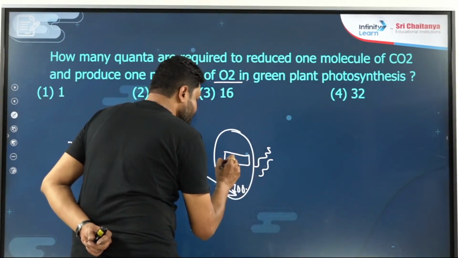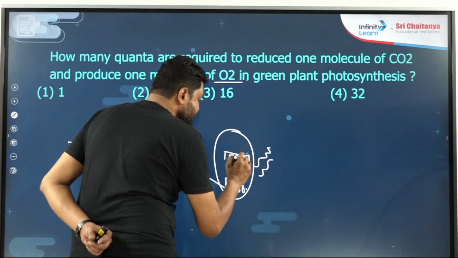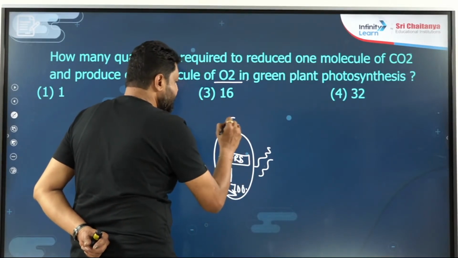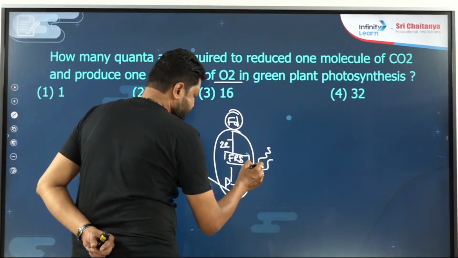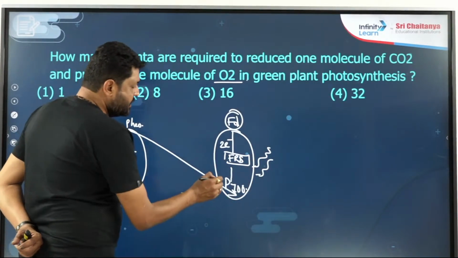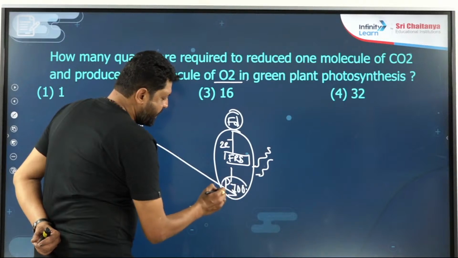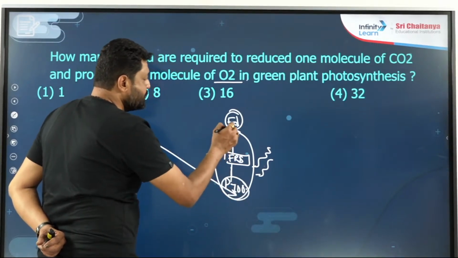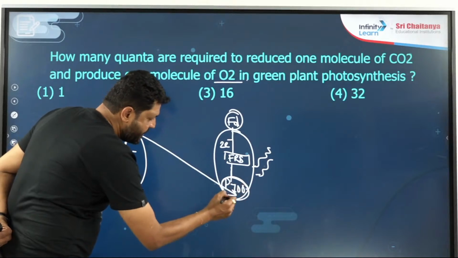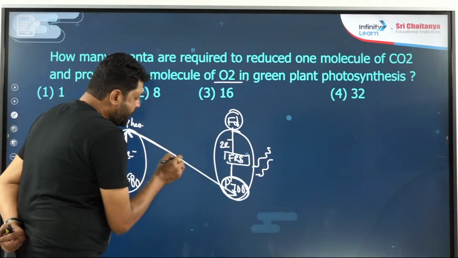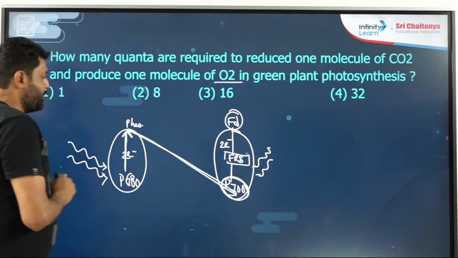First it goes to FRS, ferredoxin reducing substance, and then it will reach FD. So 2 electrons are excited. The 2 electrons from P700 will reach ferredoxin. The 2 electrons required by P700 are supplemented by pheophytin.